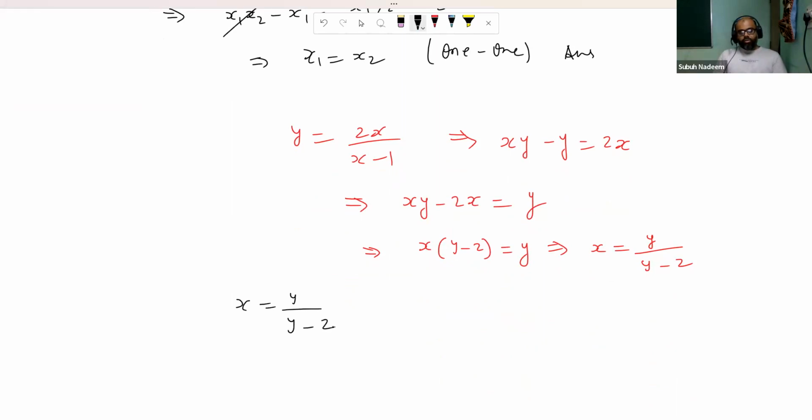As we know, here y cannot be equal to 2 clearly, because if we take y equal to 2, then x will not be real. So we have to say that y is not equal to 2. Then x is real.